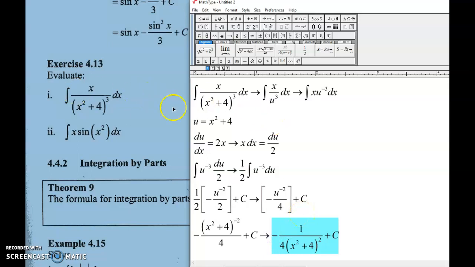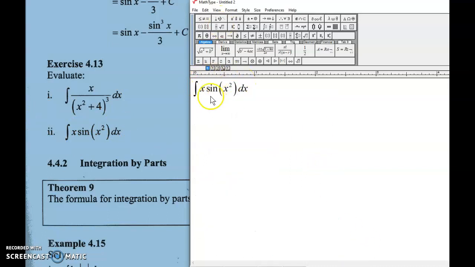Now let's look at the next one. We are going to also see that substitution in integration is not just a one-time work. Sometimes you will encounter a function that requires you to go back and change the u.